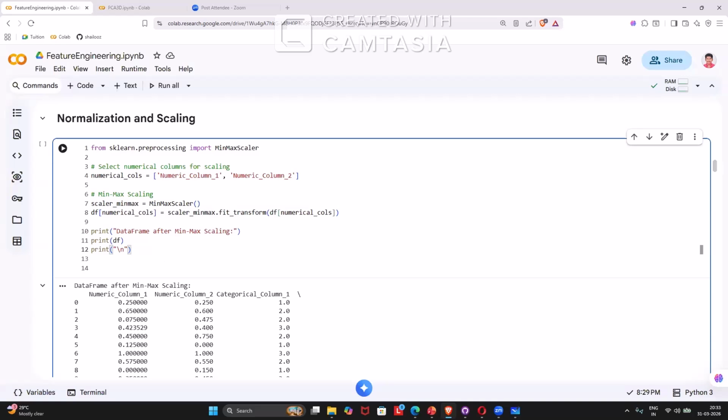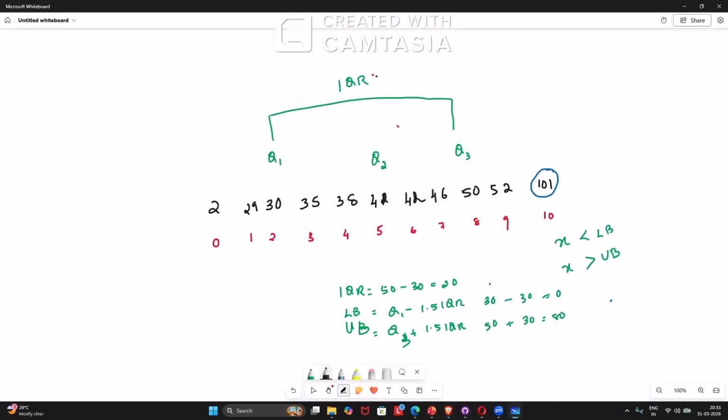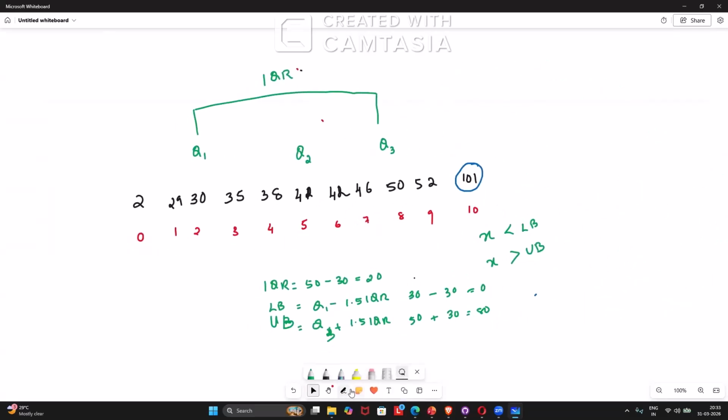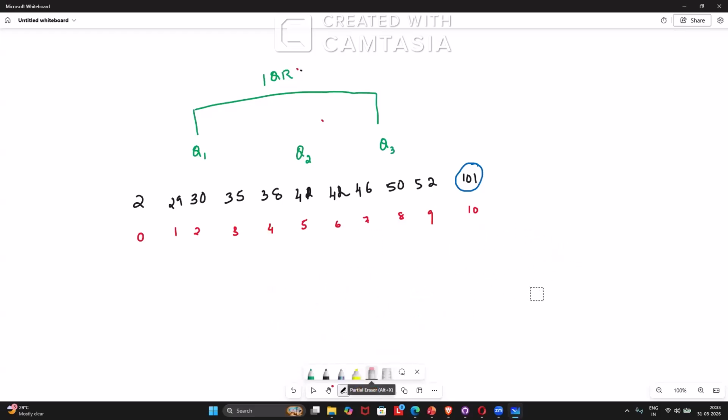So usually, if I want to do scaling here, the equation is each x needs to be converted as x minus x minimum divided by x max minus x minimum.